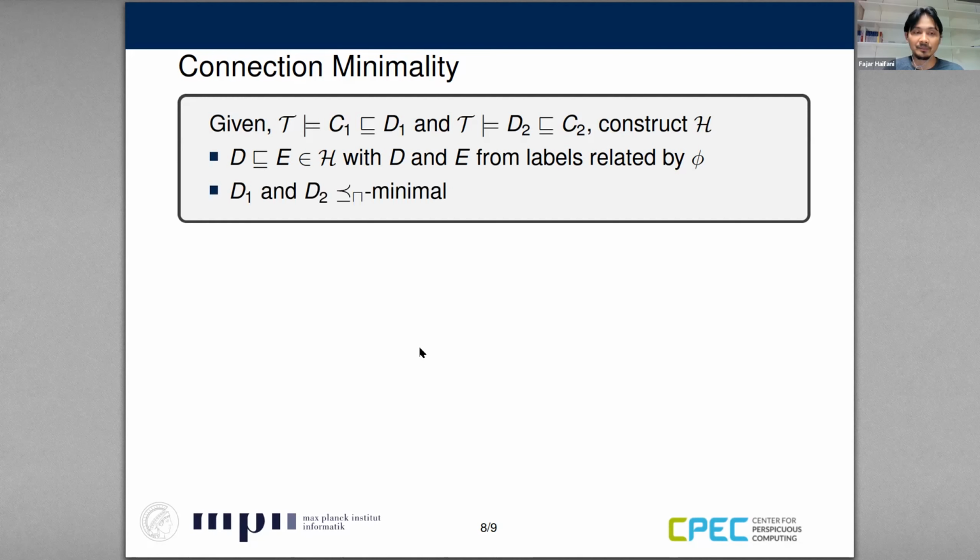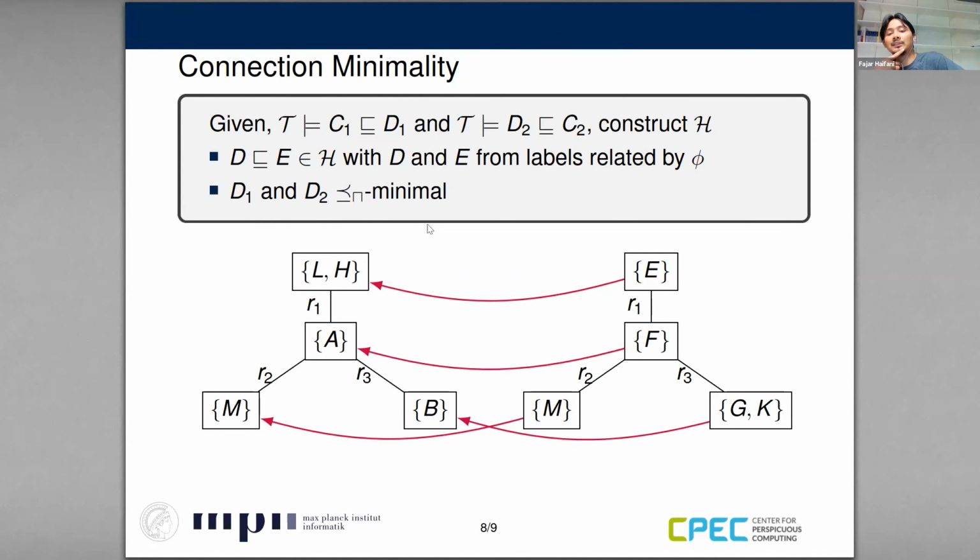And also another property is just the previous conjunct minimality that we discussed before. So back to the example, suppose the left one is D1 and the right one is D2. Then we simply look at the lines here, the purple arrows, and then connect them together.